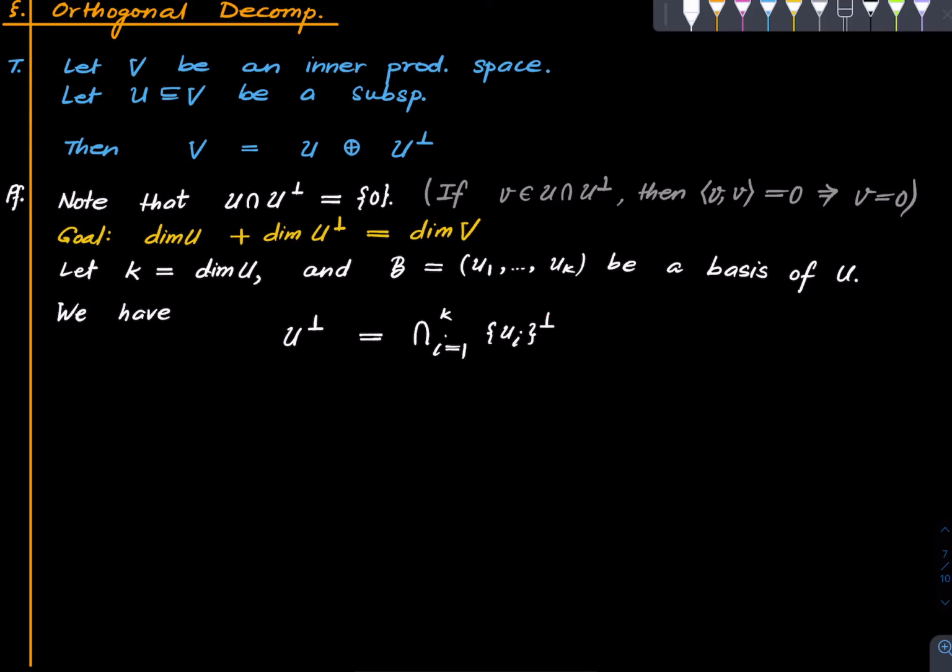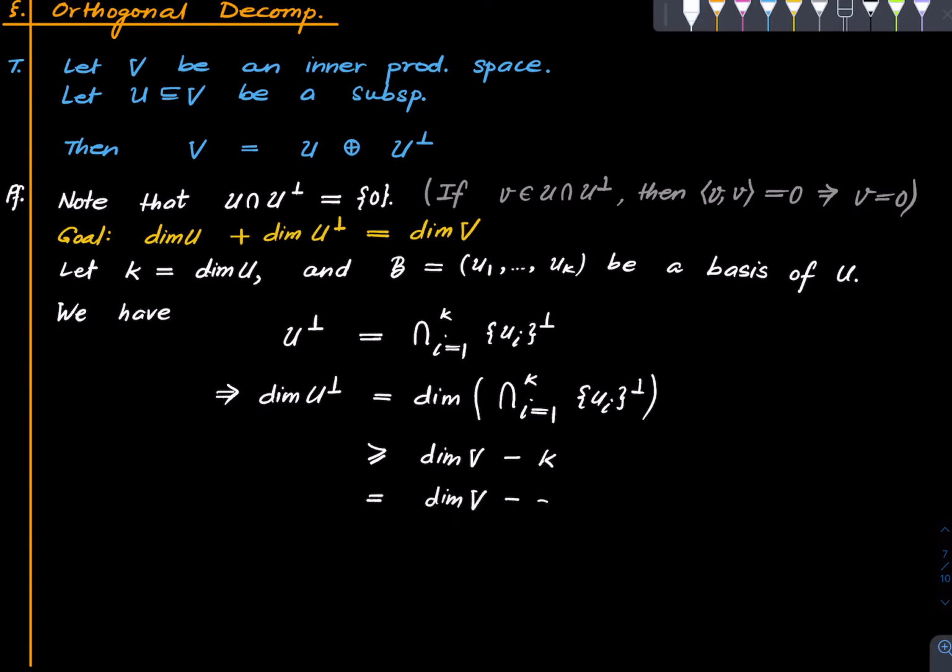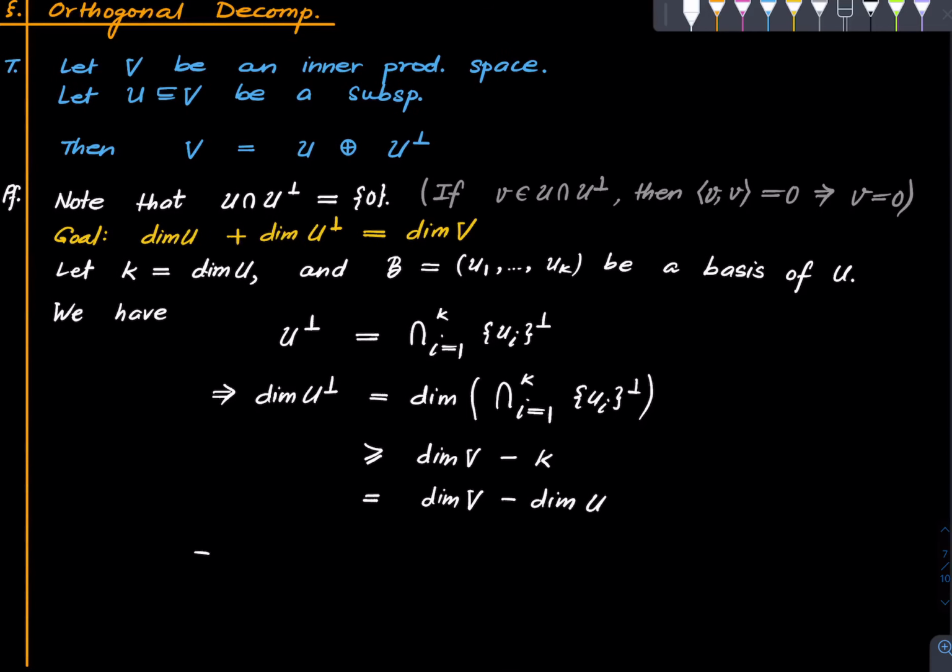So this implies the dimension of U perp is equal to the dimension of the intersection, which, since these are hyperplanes and this is an intersection of k hyperplanes, by the result that we saw about hyperplanes in the beginning of the lecture, is at least dimension V minus k, which is dimension V minus dimension U, and we get this.